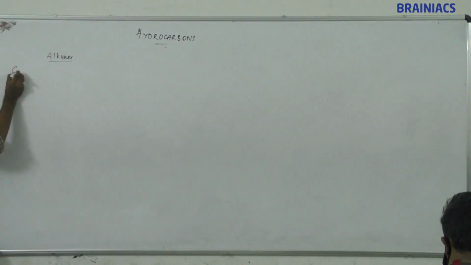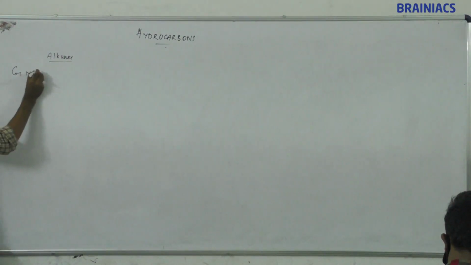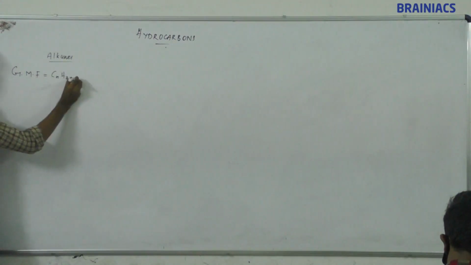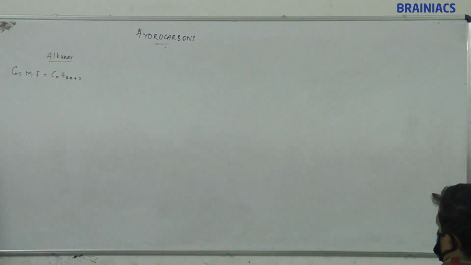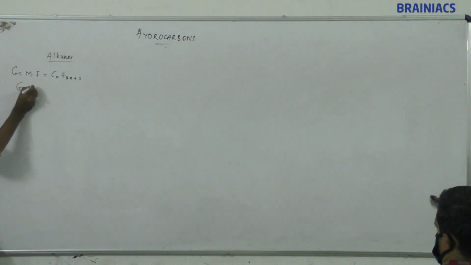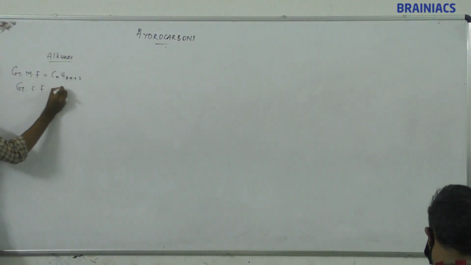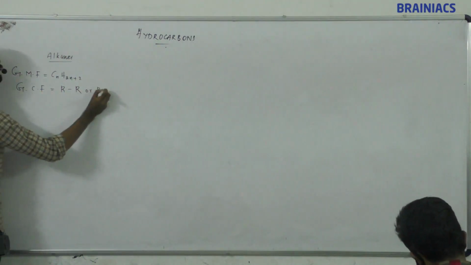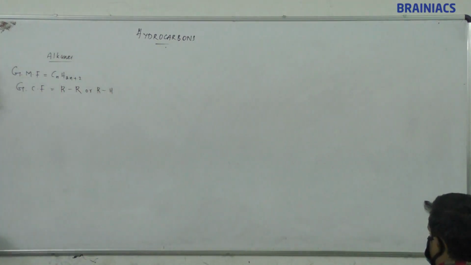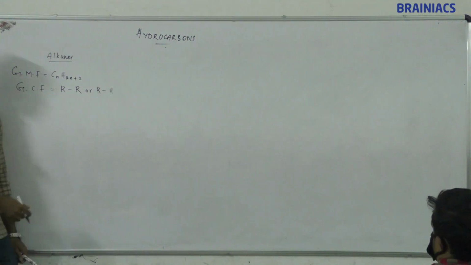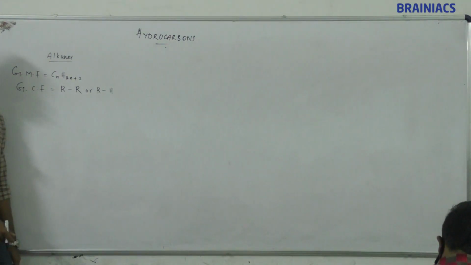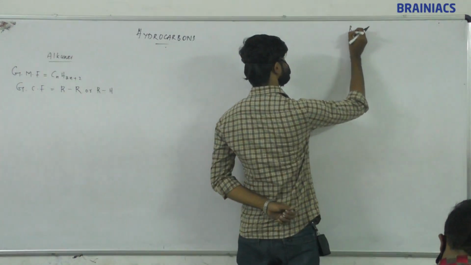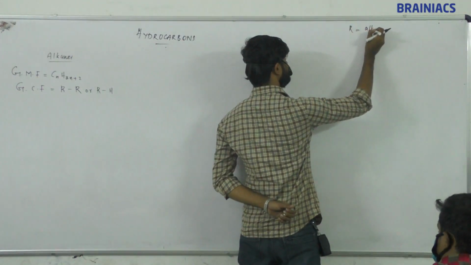Alkanes, the general molecular formula is CnH2n+2. The general chemical formula is R–R or R–H, where R is nothing but an alkyl group.